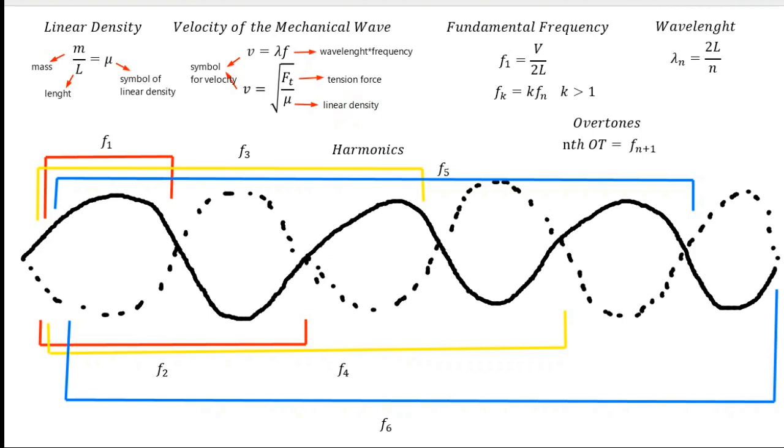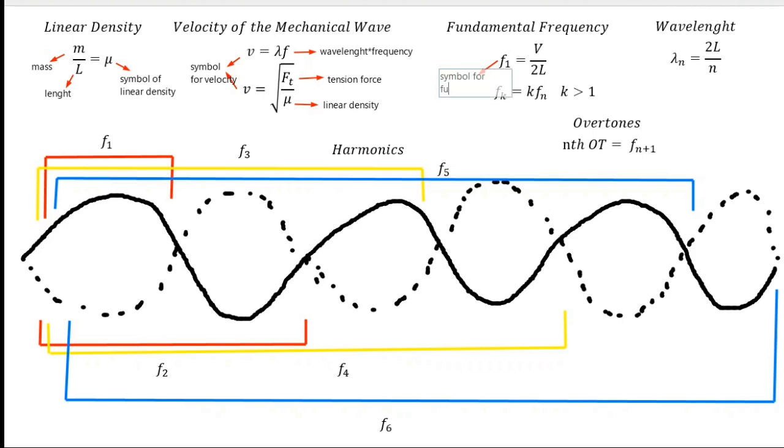We also have the fundamental frequency. So the fundamental frequency is just this thing. This is the first one. I didn't mention the harmonics, but I'm going to discuss it later.